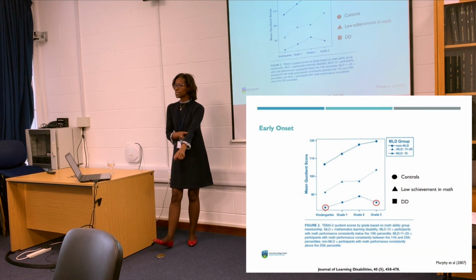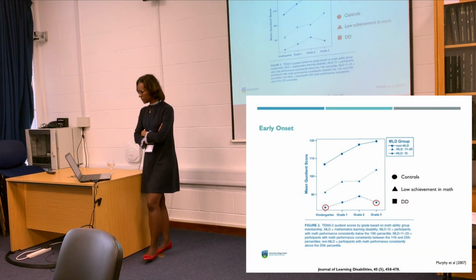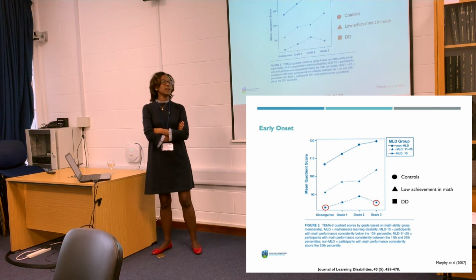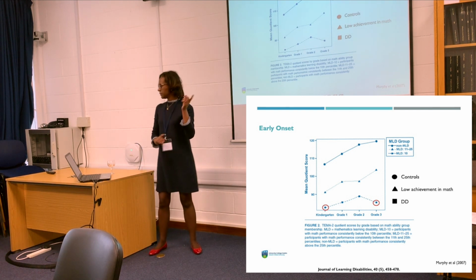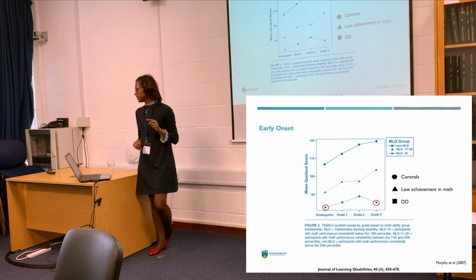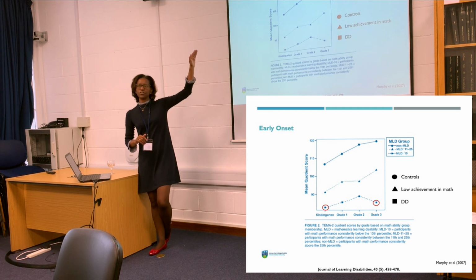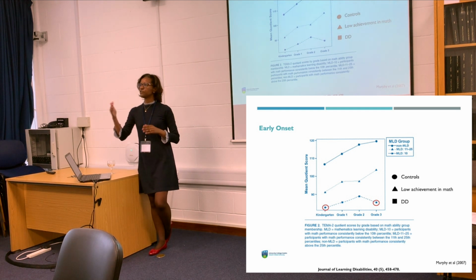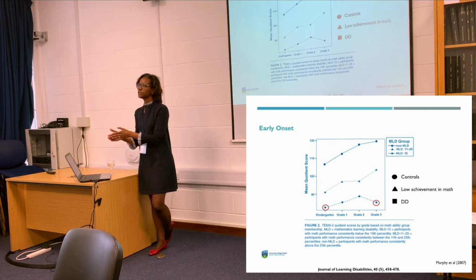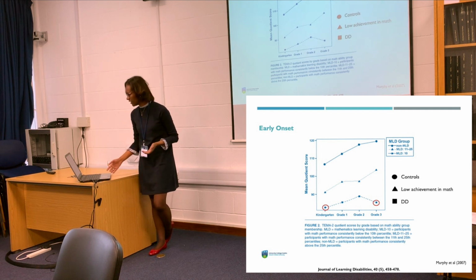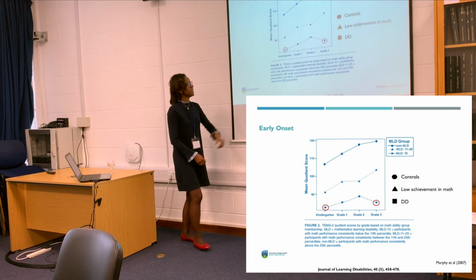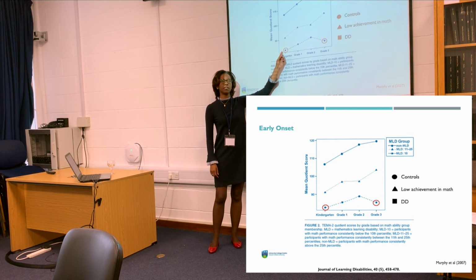Another important aspect about developmental dyscalculia is that there is an early onset. So here we have the 3 curves, and the controls clearly show an increase with time. From kindergarten to the 3rd grade, they score much better in maths. But when you're looking at children with developmental dyscalculia, the first point is here.